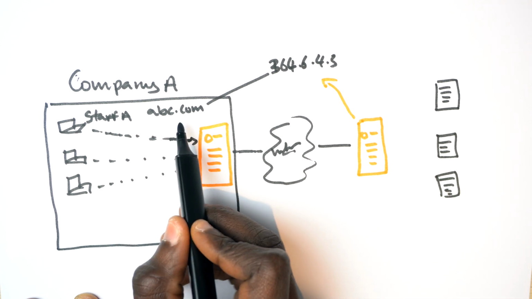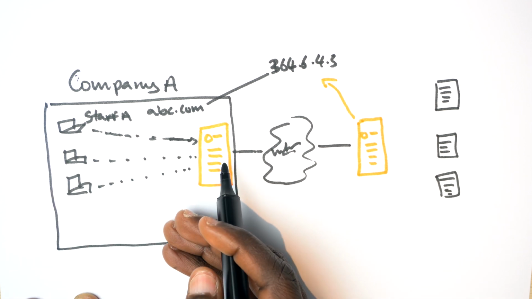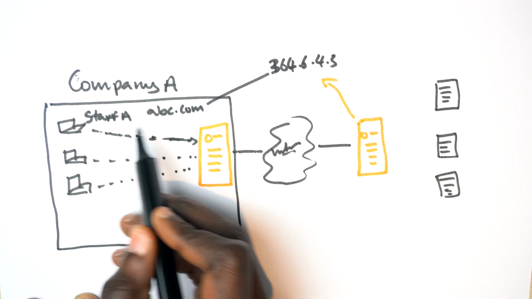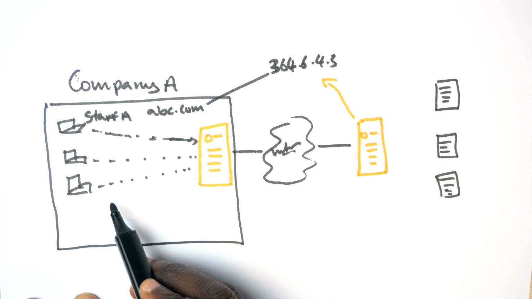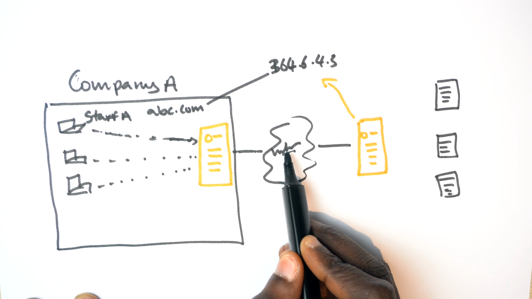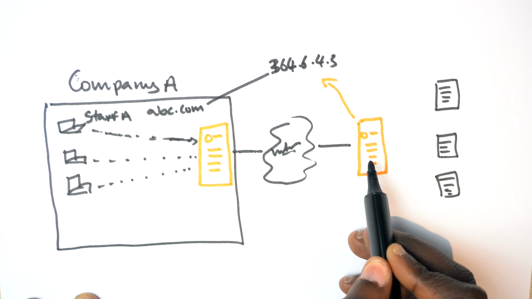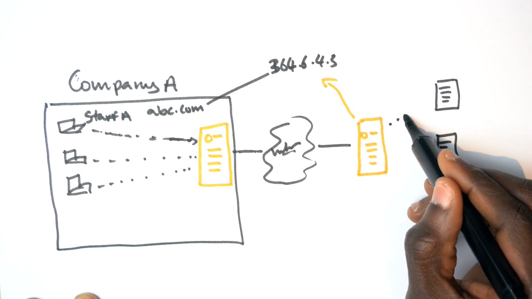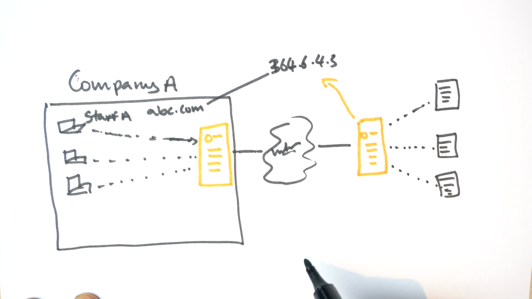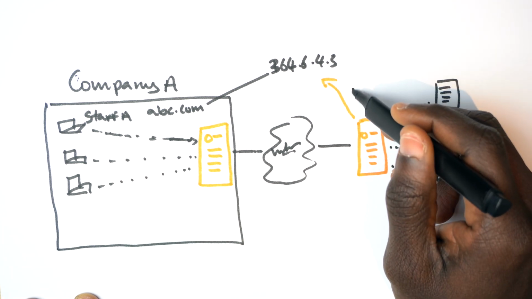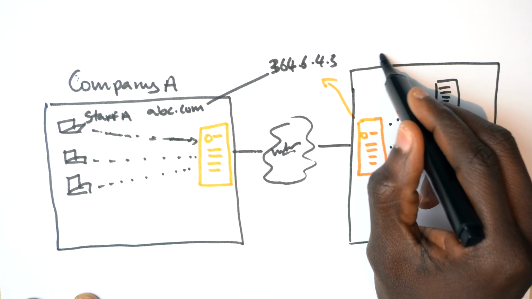So staff A has typed abc.com, it has resolved, that is passing through. So staff A makes a request to abc.com, it passes through the proxy within the company's network, goes over the internet, hits the server, which is the load balancer that has a reverse proxy setup with the actual servers that handle the request. This is in the network of abc.com.